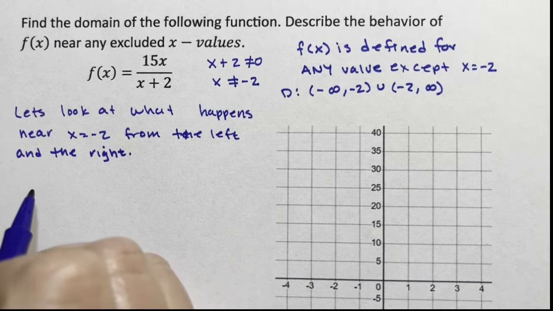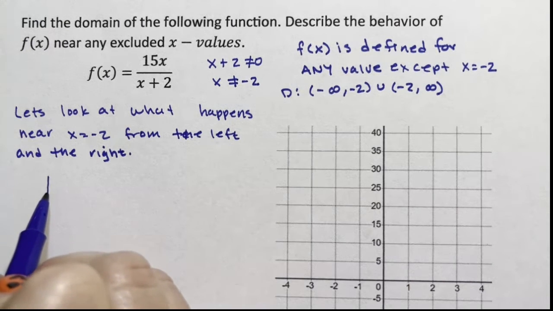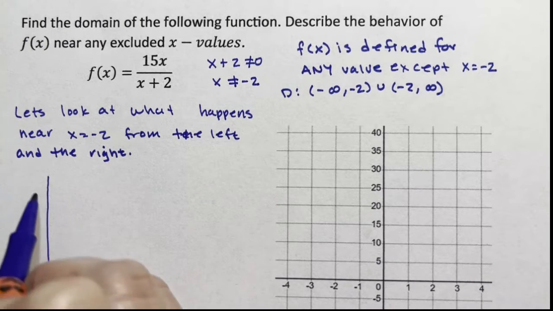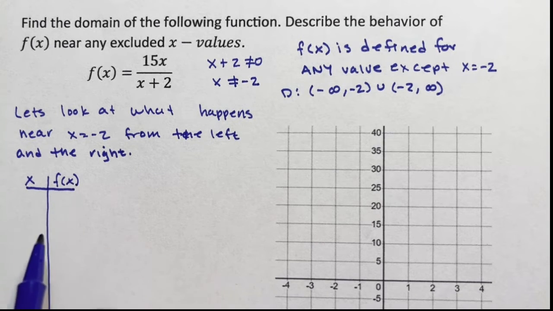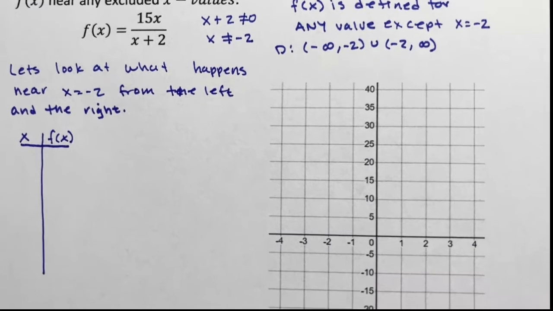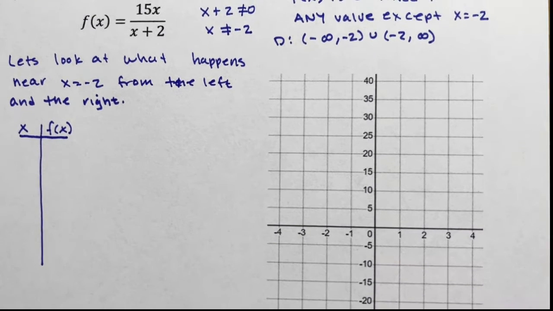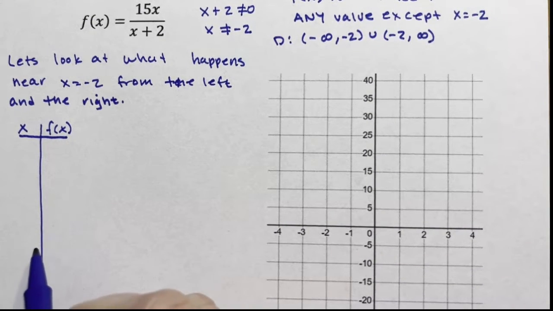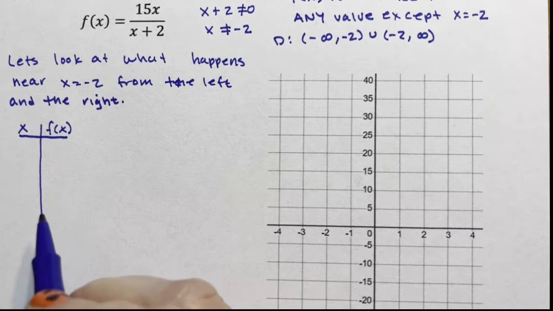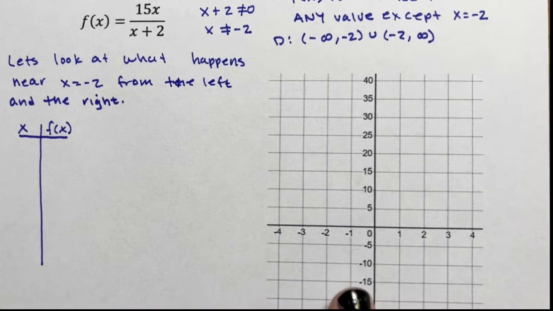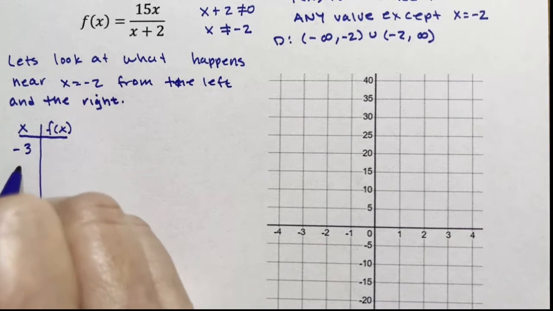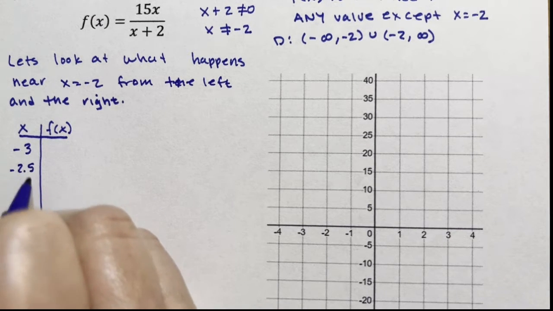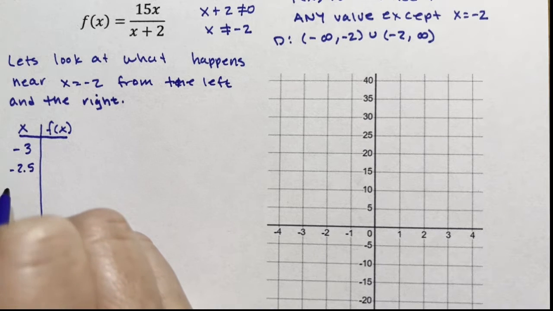So if we look at this, we have x and f of x, and I'm wanting to look at what it looks like coming from the left.